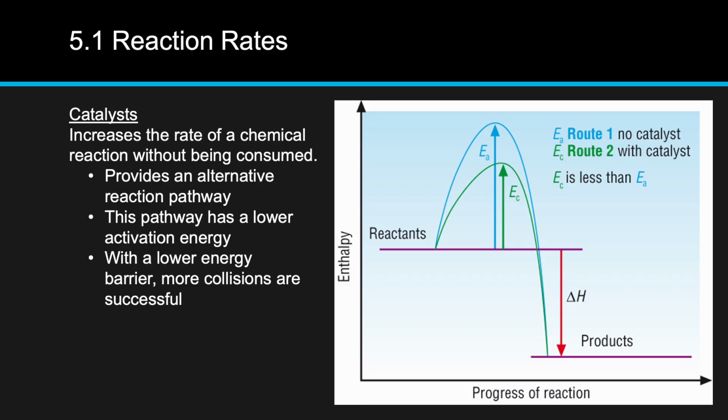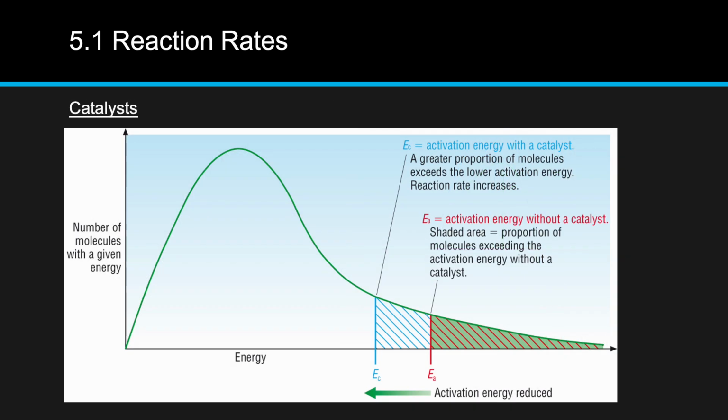On a Maxwell-Boltzmann distribution, a catalyst does not change the shape of the curve because the temperature is staying the same. Instead, it's going to lower that activation energy required for the reaction to occur, and that is shown by shifting the activation energy line to the left.